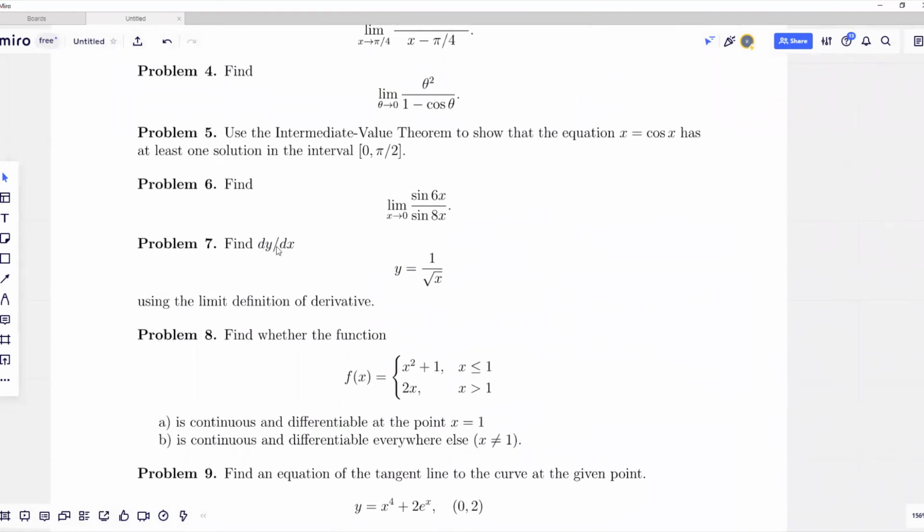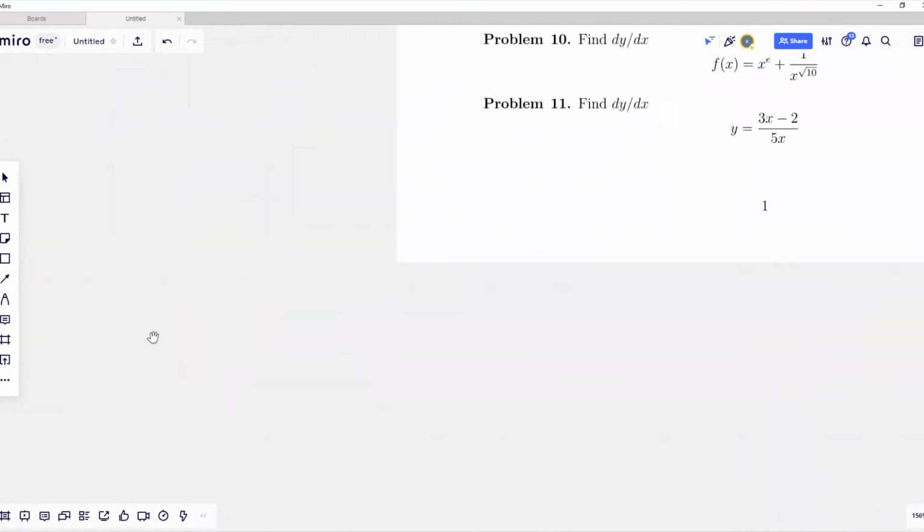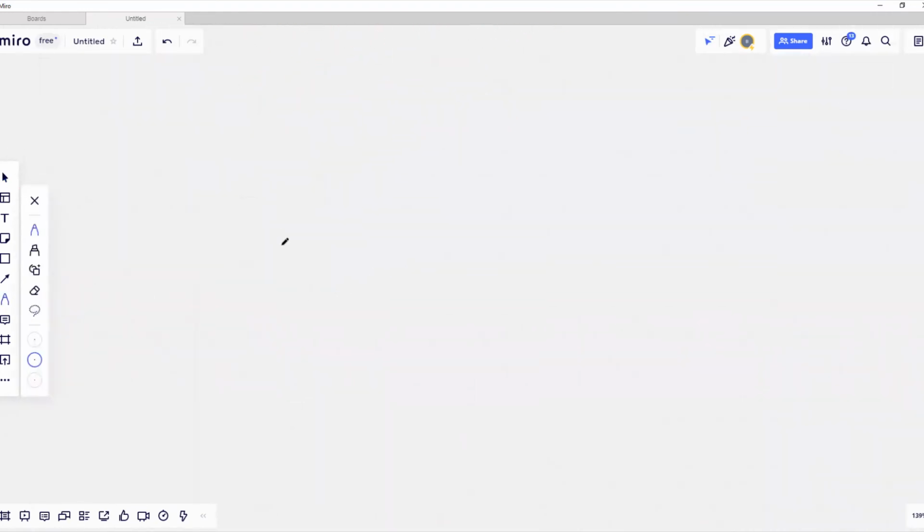Next, let's find the derivative of 1 over root of x using the limit definition of derivative. So basically, let's call our function f of x as 1 over root of x.